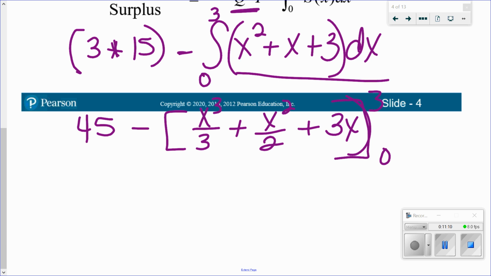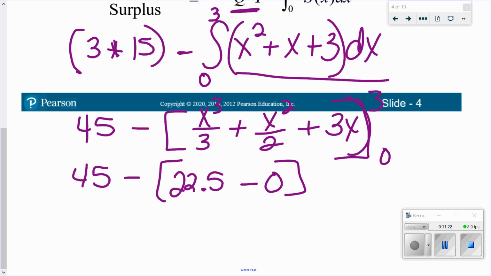And if we evaluate that at 3, we get 22.50. And if we evaluate that at 0, we get 0. So we have 45 minus 22.50, which means our producer surplus is $22.50. Okay.